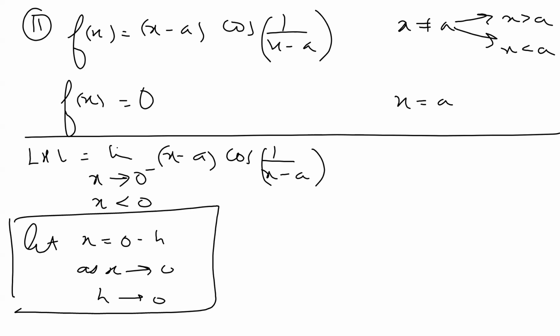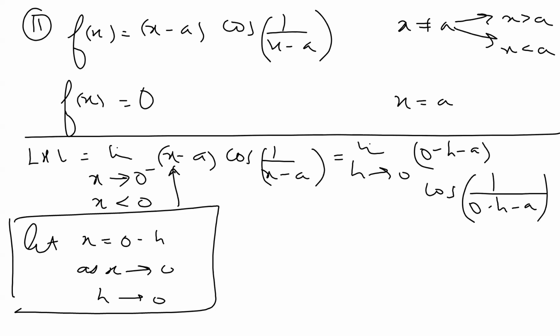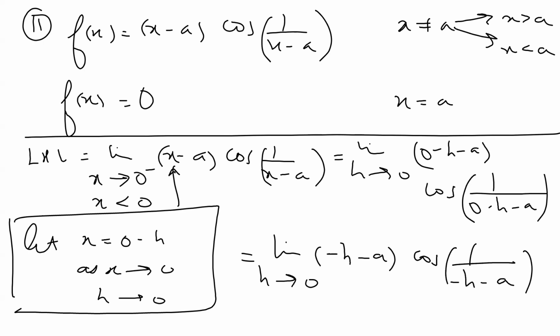So this will be limit h approaches 0, x is 0 minus h into cos of 1 upon... I think somewhere I've written something wrong.